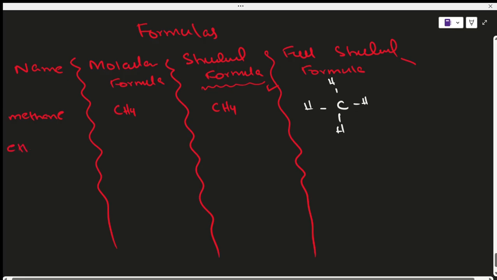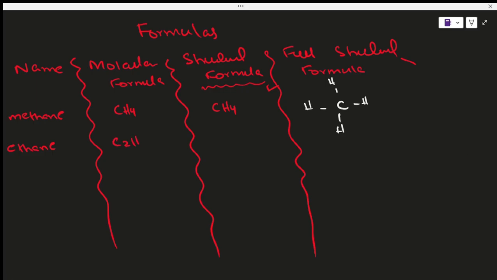Okay, let's talk about ethane. Now, ethane is a two carbon molecule. So this is C2H6. To figure out the structural formula, what we need to do is draw out the structure first. The structure looks something like this. This is C2H6.